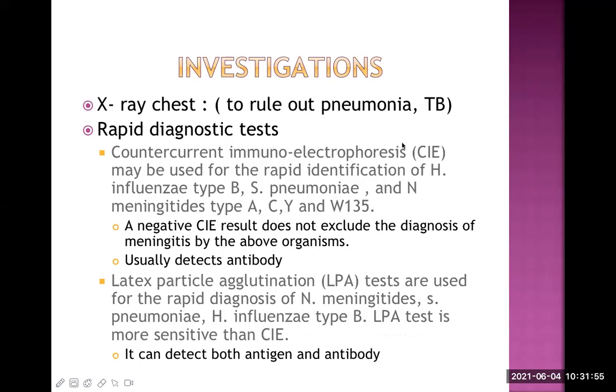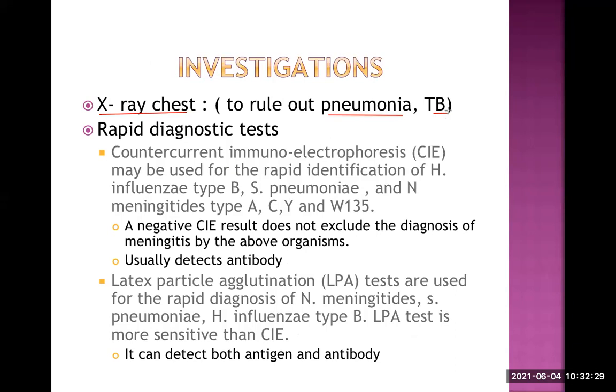Now, what are the other investigations apart from them? X-ray chest. X-ray chest is done to rule out pneumonia or to rule out tuberculosis. Remember, in case of tubercular meningitis, the focus is from the lung. In any extrapulmonary TB, the focus is from the lung. So we always try to find out whether there is any active focus now or any old focus, like a calcified spot or some fibrous lung.